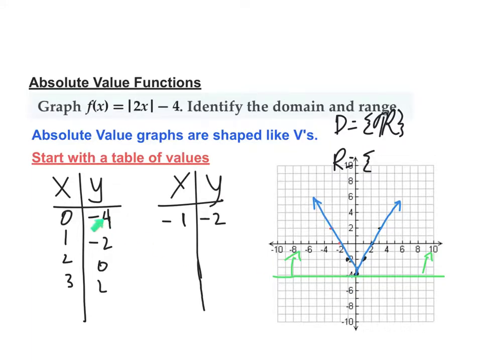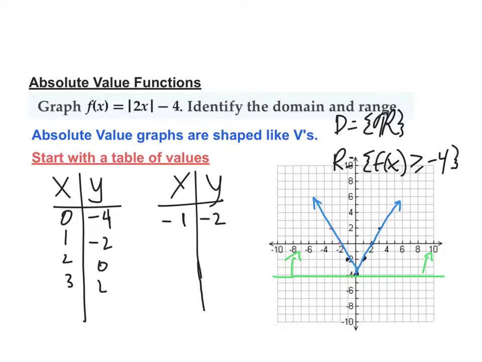And -4 is on the graph. That point is closed. So -4 is part of the range. And then everything above -4 is also in the range. So what my range looks like is f of x greater than or equal to -4. So my lowest boundary, my lowest y that I could ever have for this particular function is -4, and I can be greater than or equal to it.